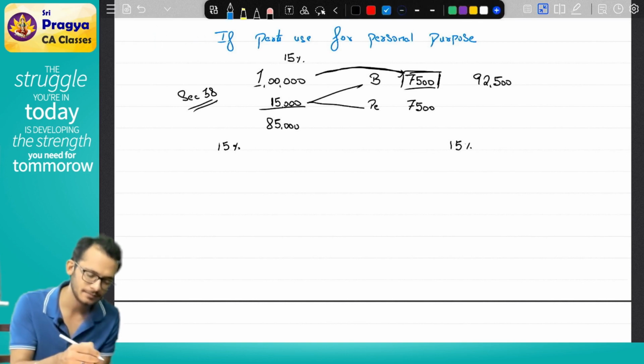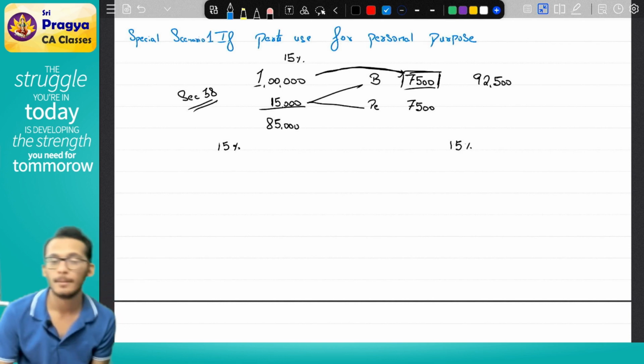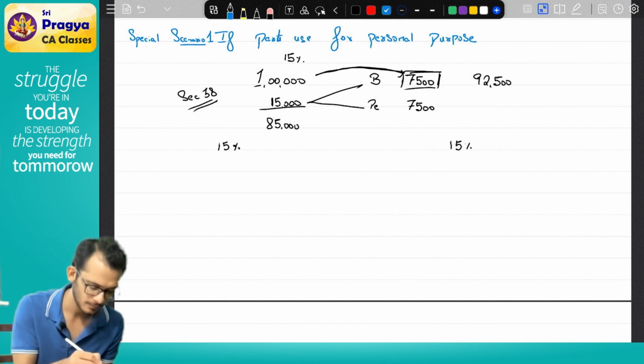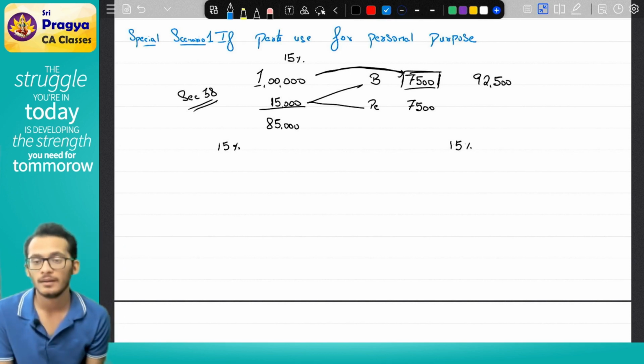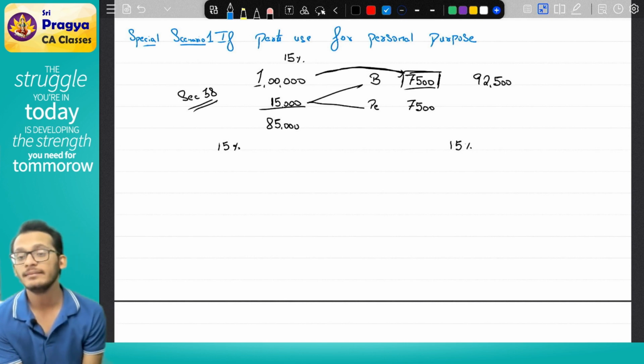According to you, which one is right? 85.